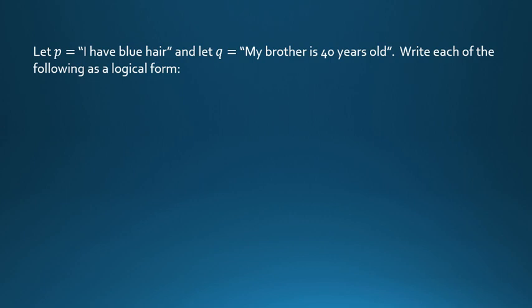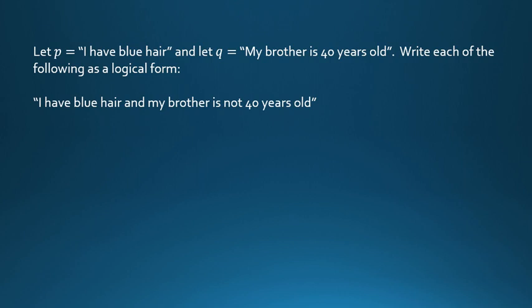So here, let P equal I have blue hair, and let Q equal my brother is 40 years old. Take each of the following sentences and write it as a logical form. The first one here, I have blue hair, and my brother is not 40 years old.